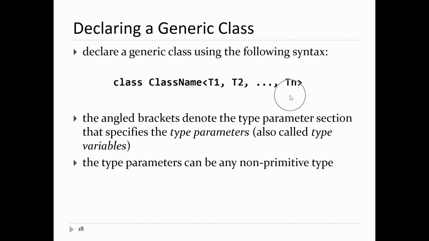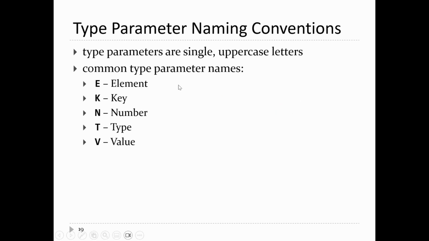You can use T1, T2, T3 if you like. A lot of programmers will use S, T, U. If you're making a collection of some kind, it's common to see E for element, or T just for type, plain old type. If you're making something where the type has to be a number, you might see N for number. We didn't talk about maps, so key and value, not important for our purposes.